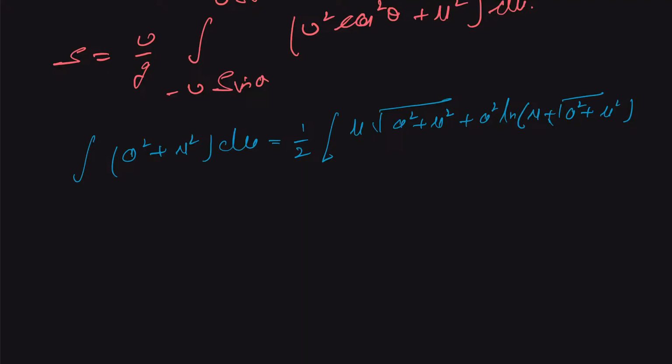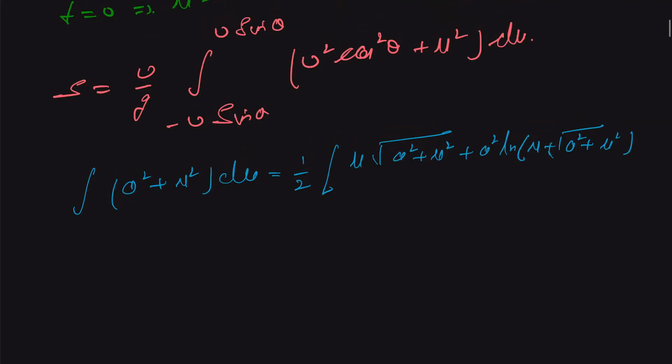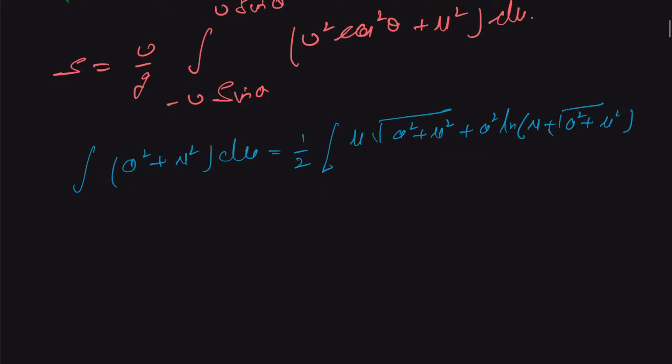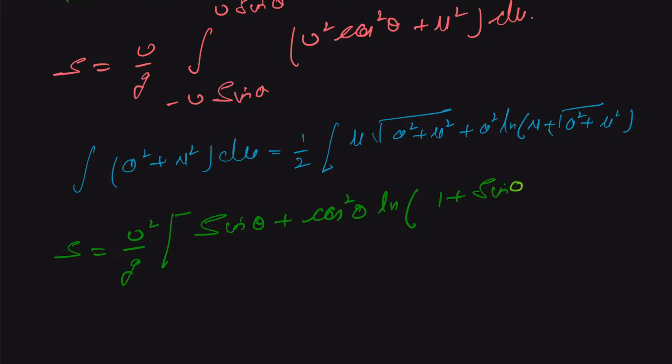Therefore we can write that our s will be equal to, we get this as v square upon g, and we have our sine of theta plus cos square theta natural log of 1 plus sine of theta divided by cos of theta.